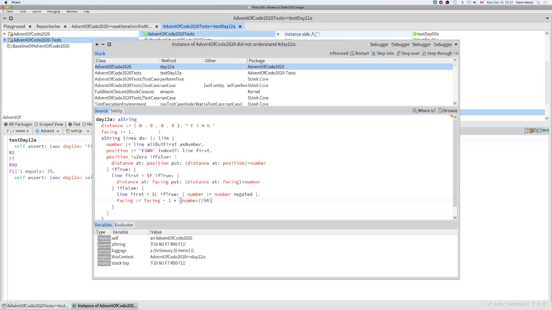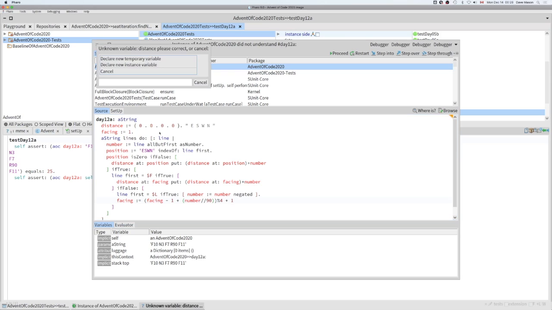Number divided by 90, and then we'll take all of that mod 4, and then we'll add 1 to that. Okay, so I think those are the right calculations. Let's just see.